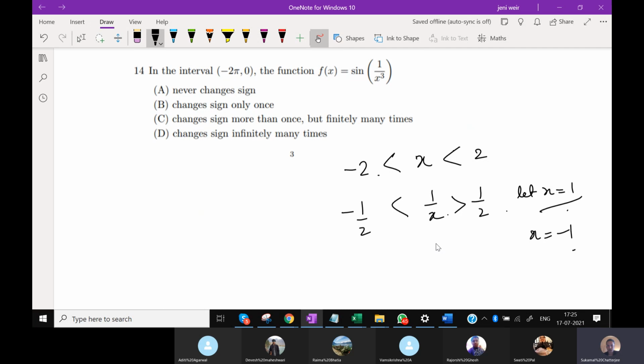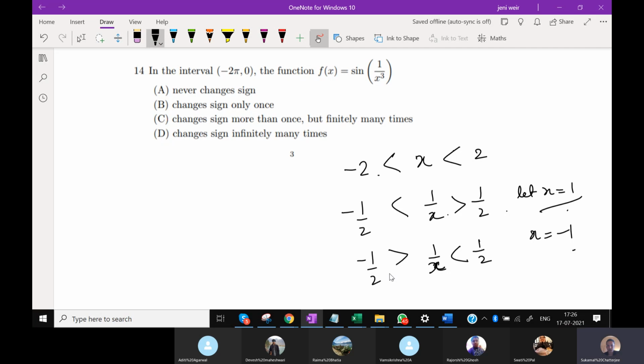Then 1 by x will become minus 1, right? So that means 1 by x will be less than 1 by 2, and it would also be less than minus 1 by 2.